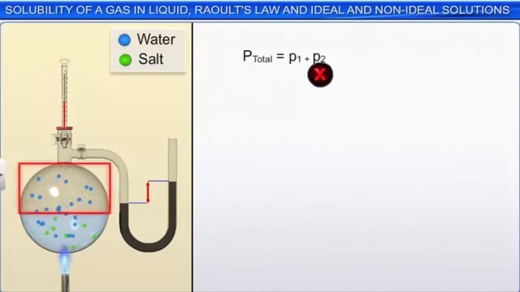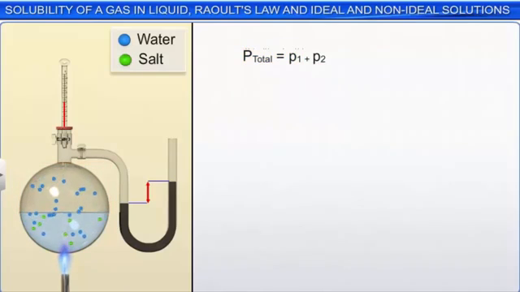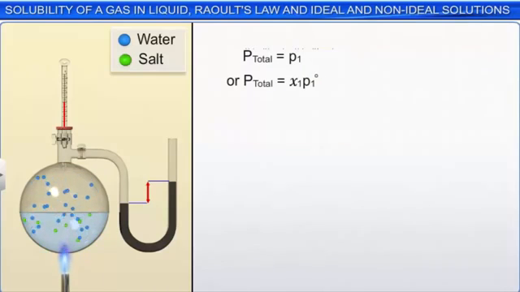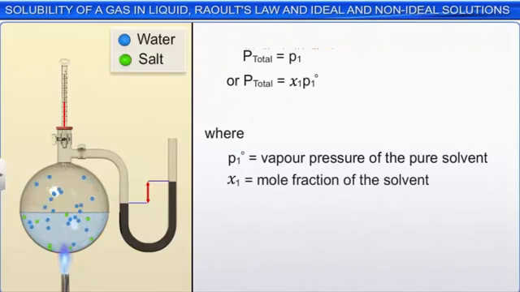Thus, the vapor pressure of the solution will be the vapor pressure due to the solvent only. That is, P total is equal to P1, or P total is equal to x1 P1 naught, where P1 naught is the vapor pressure of the pure solvent at a particular temperature and x1 is the mole fraction of solvent 1.